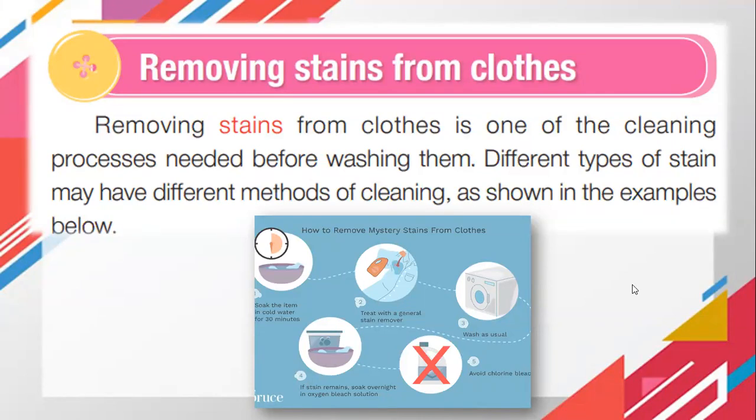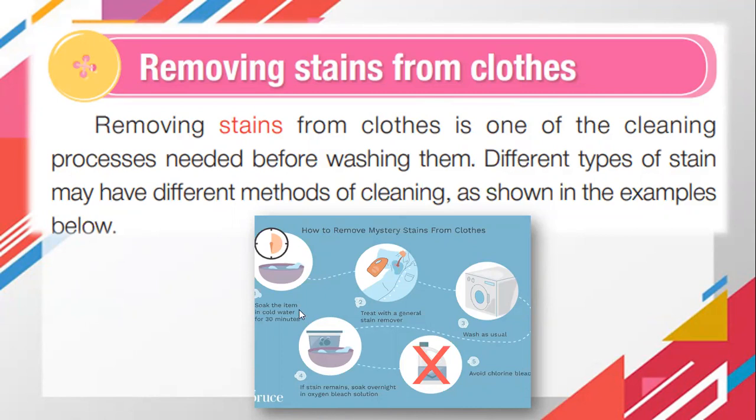You can see here, we have different types of stains, and for those different types of stains we need to find different methods. One method of removing stains we cannot apply on every kind of stain. So for each type of stain we have a different method, so we can make our clothes clean.